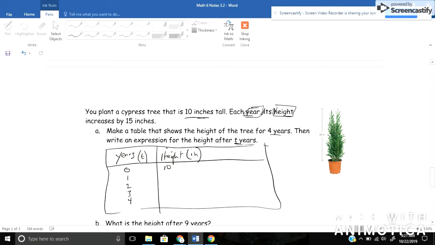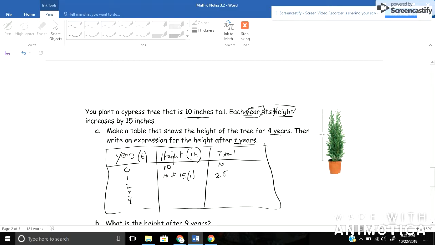So it's going to be that original 10 inches plus 15 inches per year, and this was only 1 year. So 10 plus 15 gives me 25 in the first year.